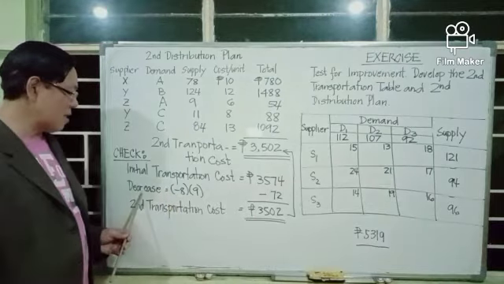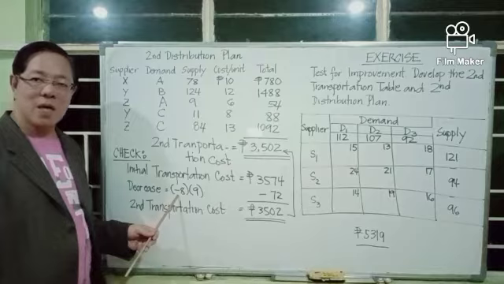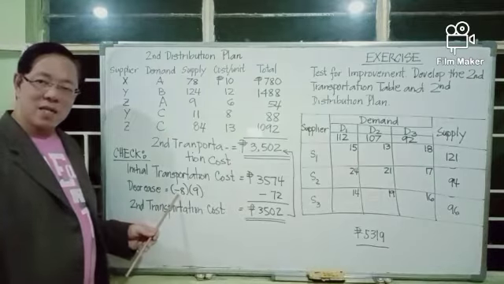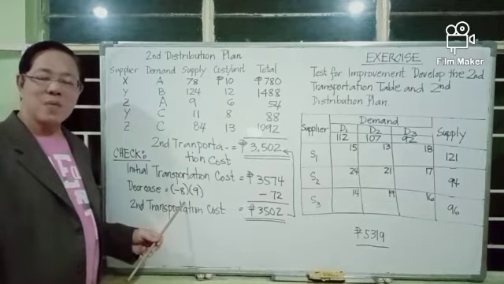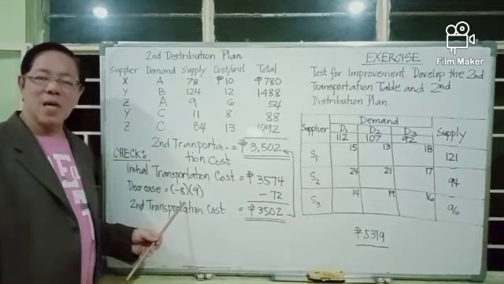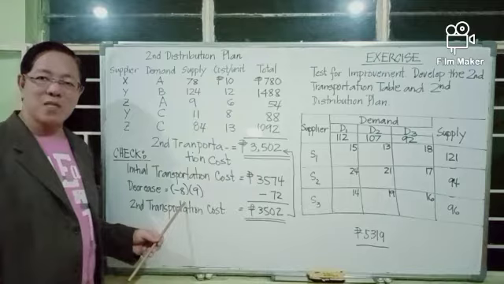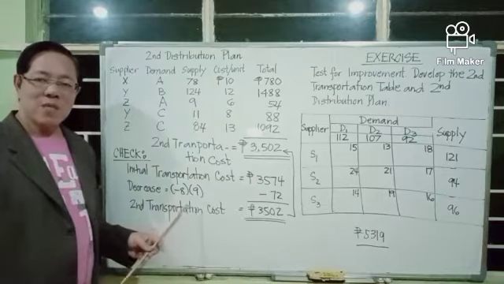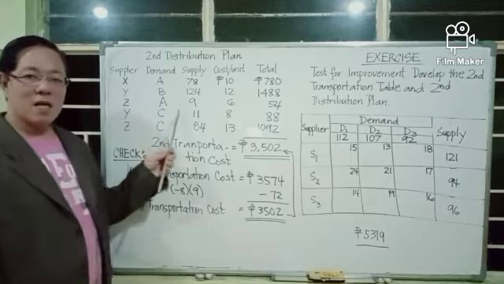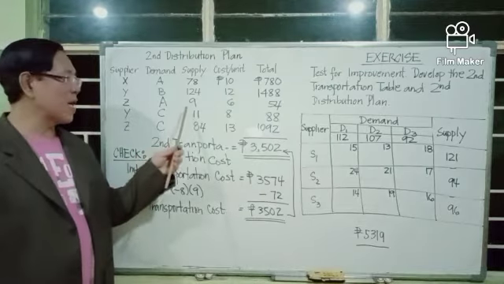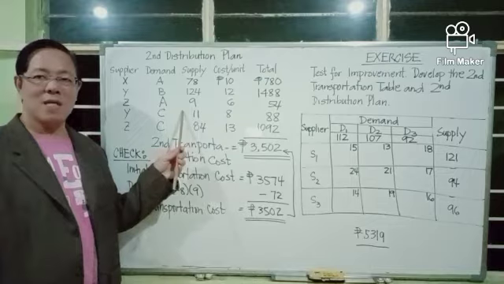The decrease is indicated by the negative sign. So negative 8 means a decrease of 8 pesos per unit if we transfer some units to the vacant cell CA, and we actually transferred 9 units to the vacant cell CA.